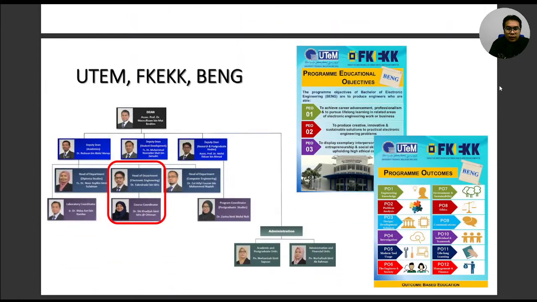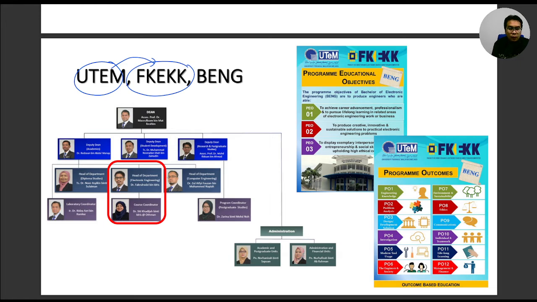Okay, speaking of which, I did mention FKEKK just now, so now we are going deeper into our bank. Before that, we need to know who the provider of education in this university is. Obviously UTM. UTM is the father of our system, and underneath UTM is Fakulti Kejuruteraan Elektronik dan Kejuruteraan Komputer. We call it FKEK.